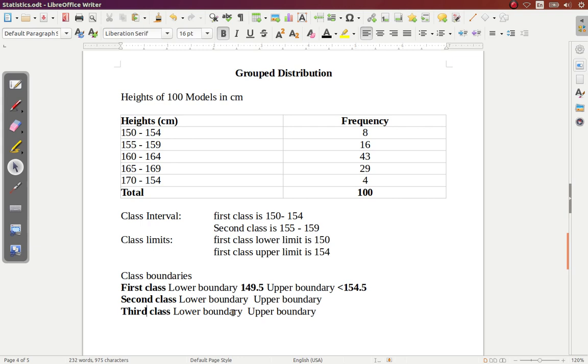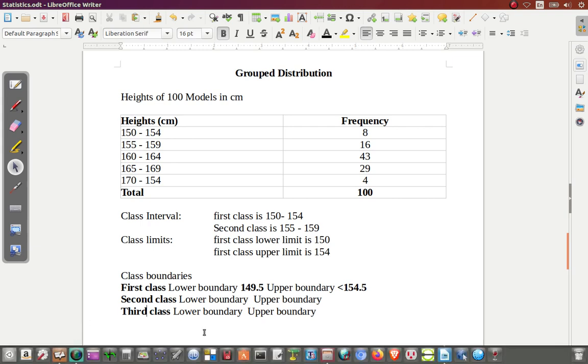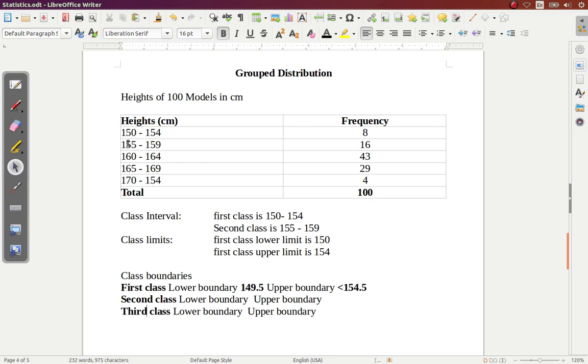Alright, so you've done it. For the second class, you had 155 as the lower limit, but you could possibly have measured as low as 154.5 and then round it up to 155.